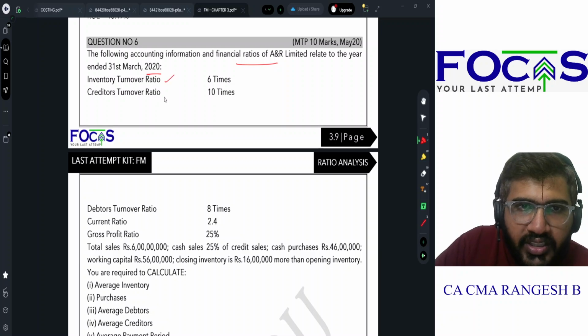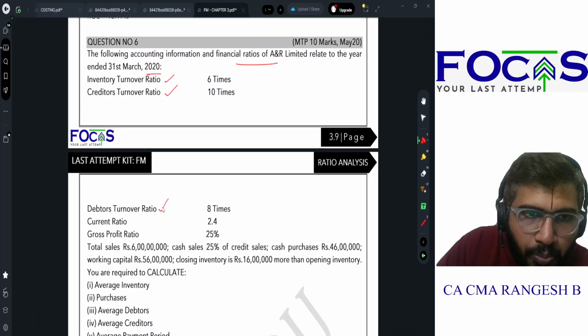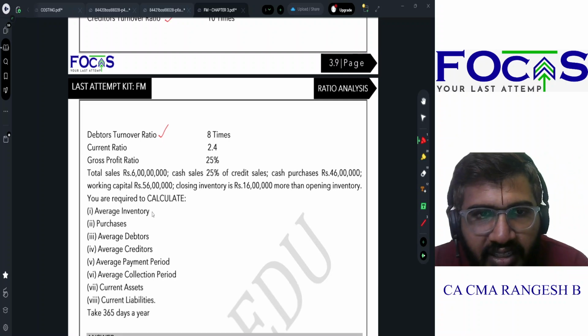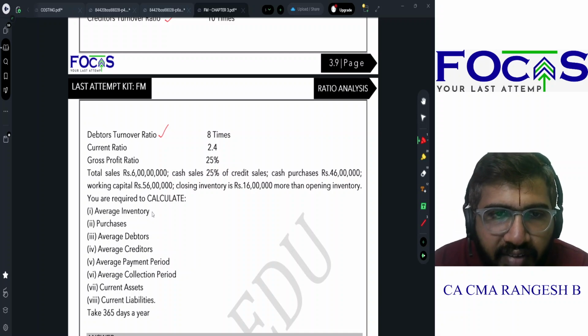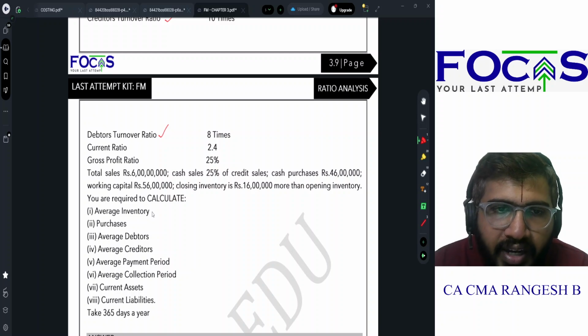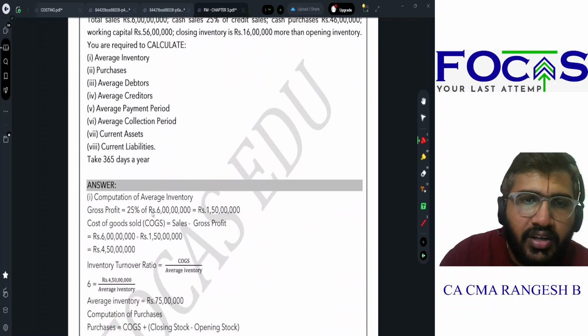Inventory turnover ratio 6 times, creditors turnover ratio 10 times, debtors turnover 8 times, current ratio 2.4:1, gross profit 25%, total sales 6 crores, cash sales is 25% of credit sales, cash purchases 46 lakhs, working capital 56 lakhs, closing inventory is 16 lakhs more than opening inventory. You are required to calculate average inventory, purchases, average debtors, average creditors, average payment period, average collection period, current assets, current liabilities. Take 365 days in a year.